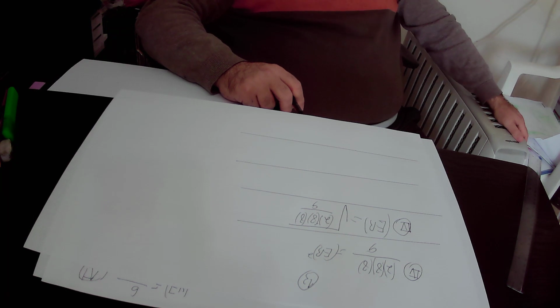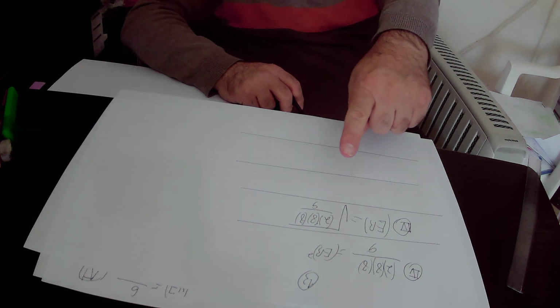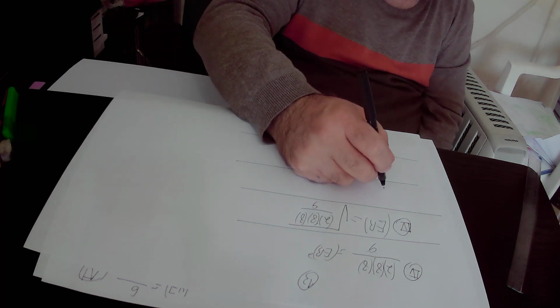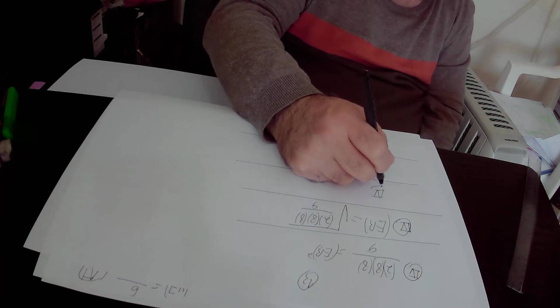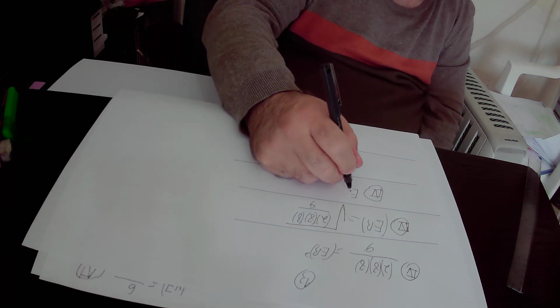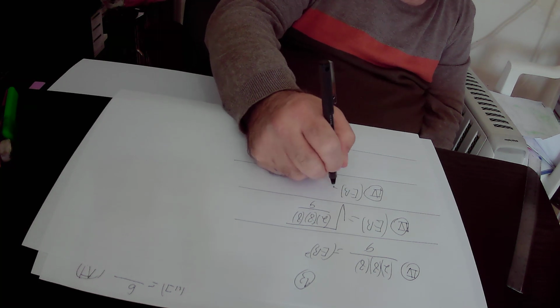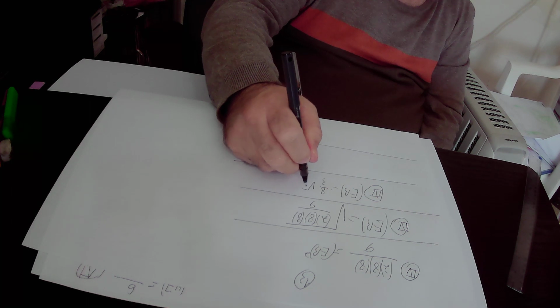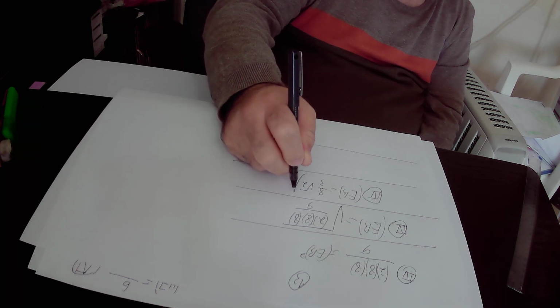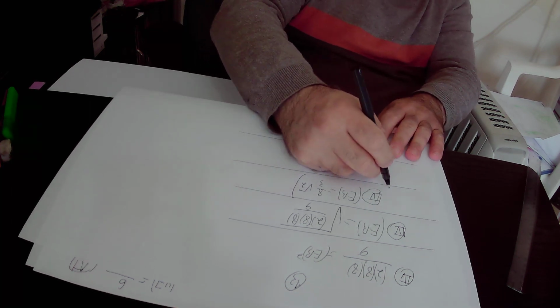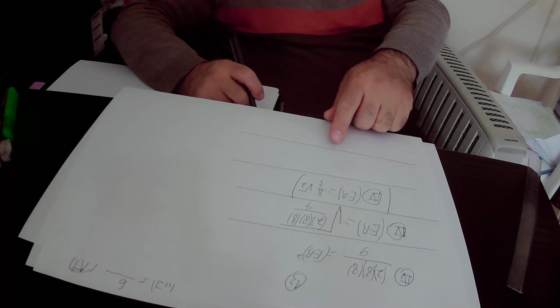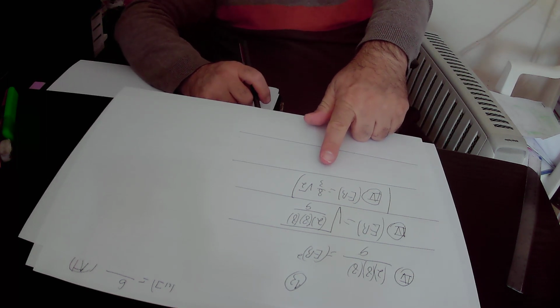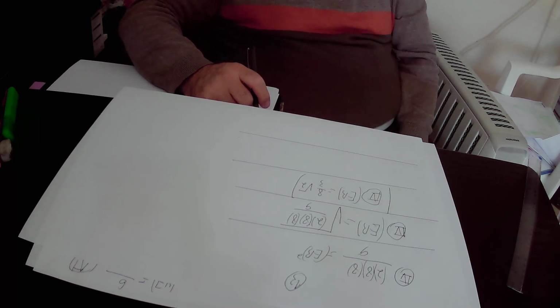So the square root of 8 times 8 is 8 and the square root of 9 is 3, so I will write it down. We will get that EB equals 8 over 3 times square root of 2. So we found out that EB equals 8 over 3 times square root of 2 units.